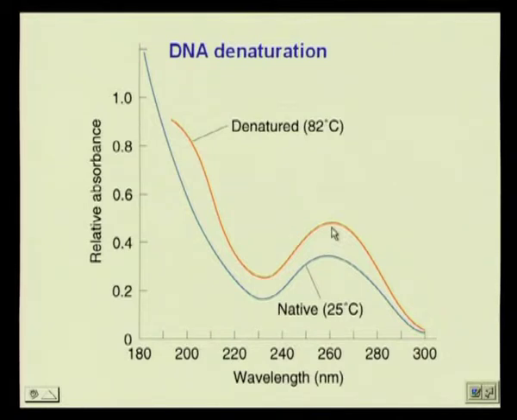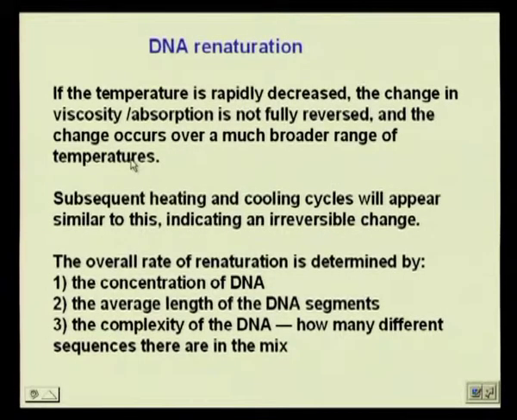So, you have a relative absorbance of the DNA that increases on DNA denaturation, okay? Because there are stacking interactions, there are hydrogen bonding interactions in the double stranded DNA that are not going to allow an absorbance as high as it would be in the case of a single stranded state. So, we have denaturation.